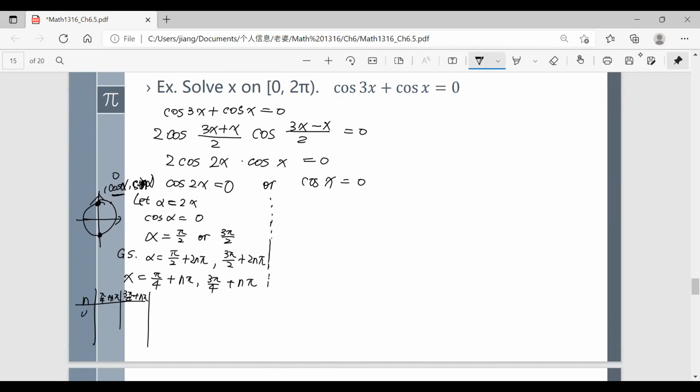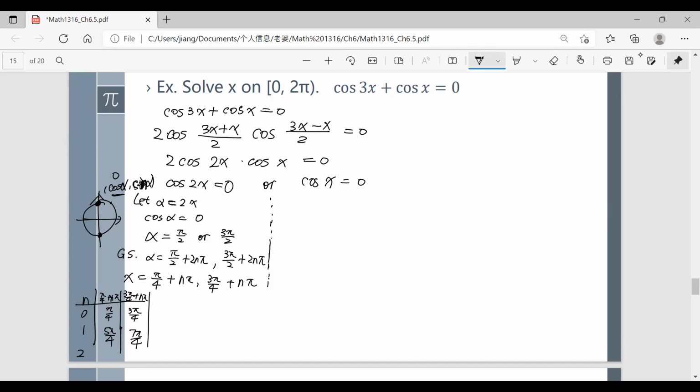So try n equals 0: pi over 4, 3 pi over 4. How about n equals 1? Pi over 4 plus pi is 5 pi over 4, this is also a good one. And 3 pi over 4 plus pi is 7 pi over 4. Is that correct? Yes. And how about 2?